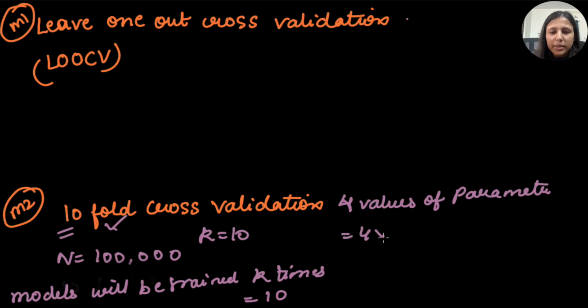For every parameter, we'll do the cross validation. So you will do cross validation 4 times. One cross validation is taking 10 models. So 4 cross validations will take 40 models, correct?